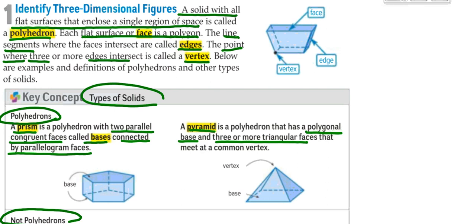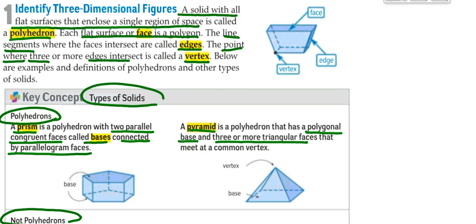And so this is a right prism, just like the one on the smartboard there. And we can have them where these sides, instead of being rectangles, are parallelograms, and that's called oblique. We do not focus on oblique things in this class.